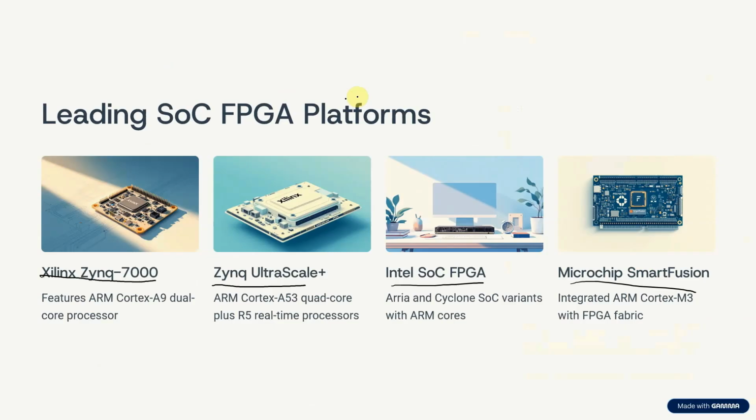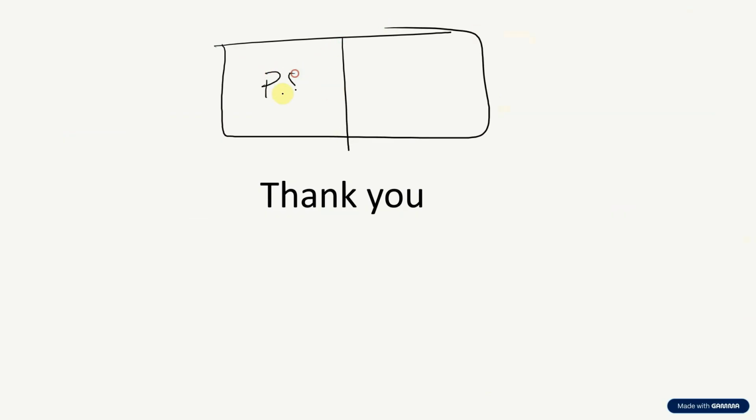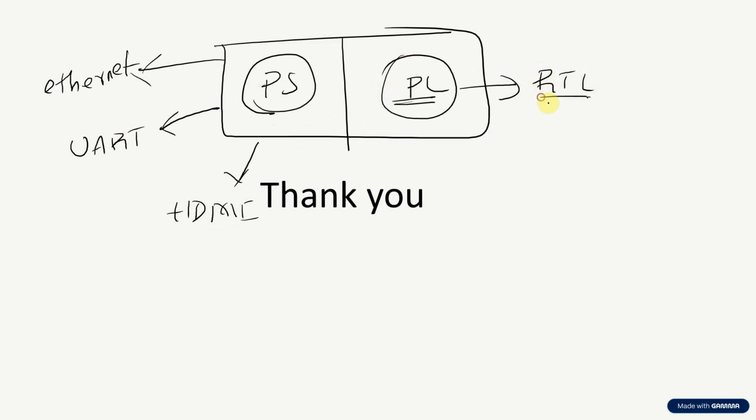For example, your peripherals. Let's say this is my FPGA chip, and this chip has my processor and FPGA fabric. Normally, all the peripherals like Ethernet, UART, or HDMI will be connected to your processor itself. Now let's say your fabric, whatever RTL code you have written, needs data from this UART.